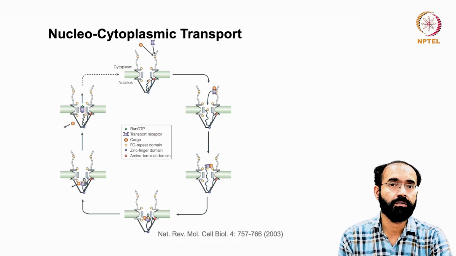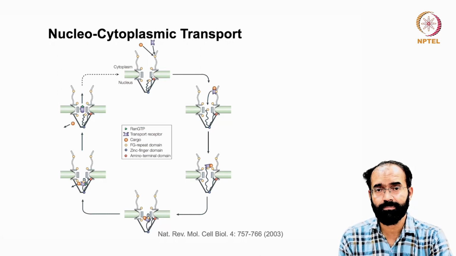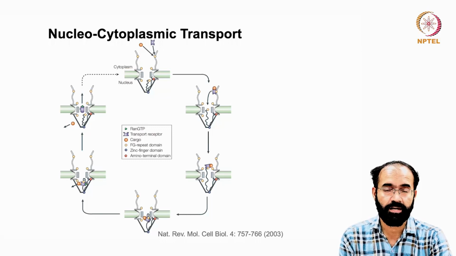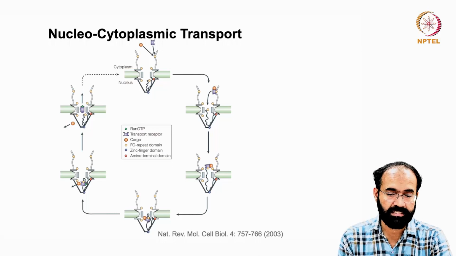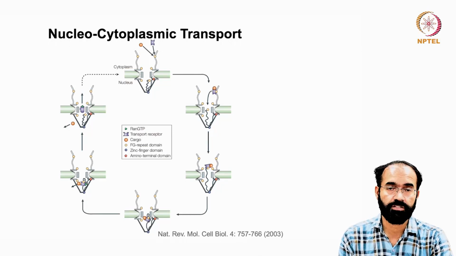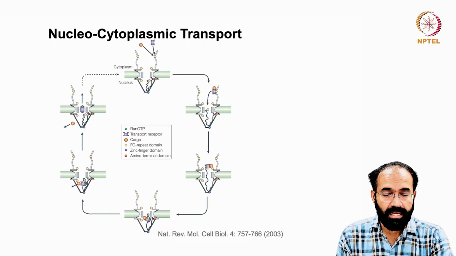You have some small crevices in the actual rock, or you can even see in some malls something mimicking rock climbing. Kids will be playing, and there also you can see tiny crevices on the wall. So the FG domains are something like that, where you specifically interact with the cargo. They are kind of like hooks. You can call them hooks. And these tiny portions are meant for that. That's what you can see, they are attaching there.